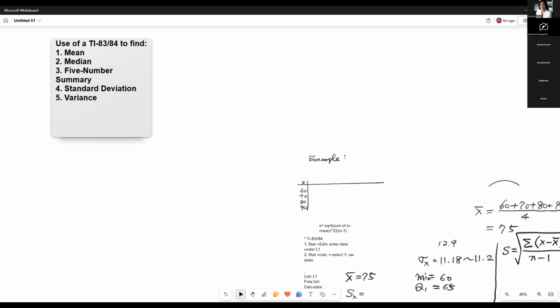In ancient times, 30, 40 years ago when I started teaching statistics, we always had to do calculations and use something like this. I can show you. I have to stop sharing. I use tables like this.